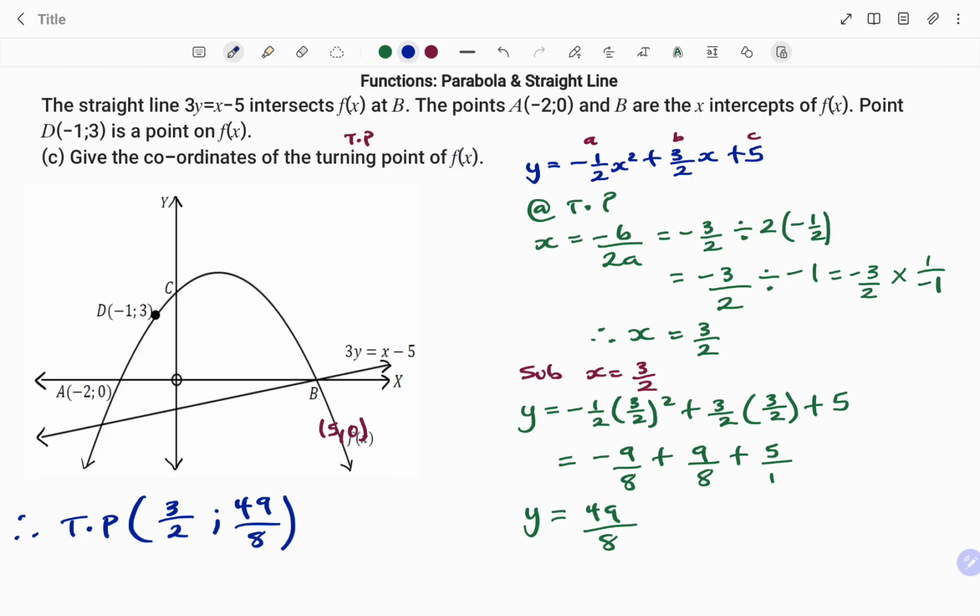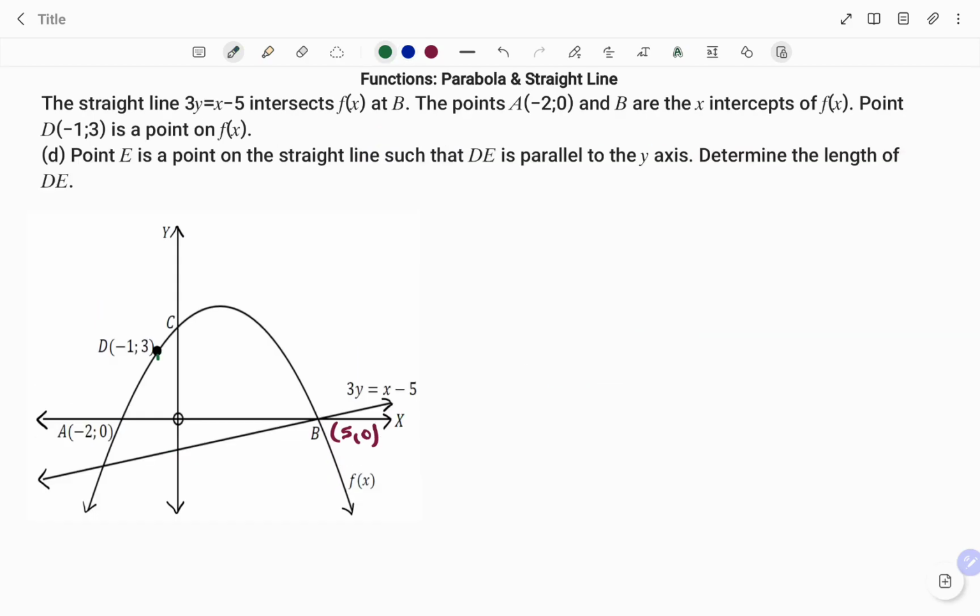The next question says, point E is a point on the straight line so that the line DE is parallel to the y-axis. We have to determine the length of DE. If it's parallel to the y-axis, I'm going to have my point somewhere around here. I have point E, and because it's parallel to the y-axis, I have the coordinate of x to be -1.